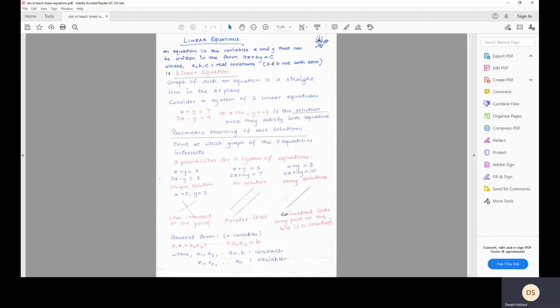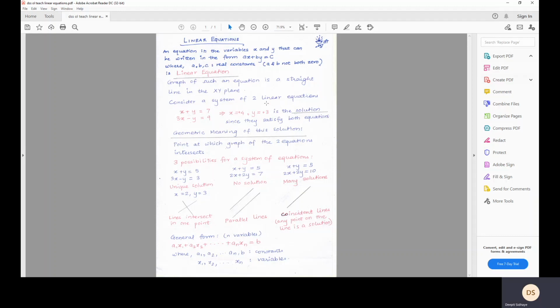Now, what is the geometric meaning of this solution? We have already seen that each of these equations is going to represent a line. So now imagine that these two lines are intersecting. And what will be the point of intersection?